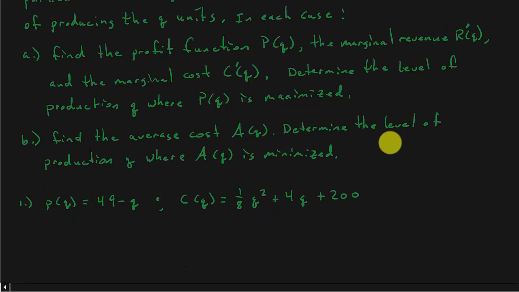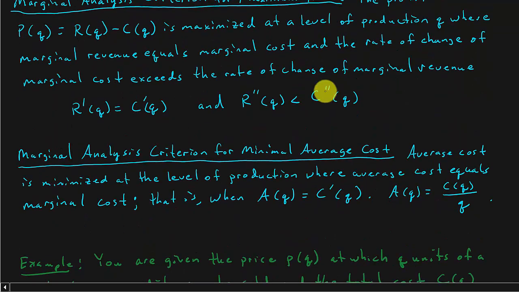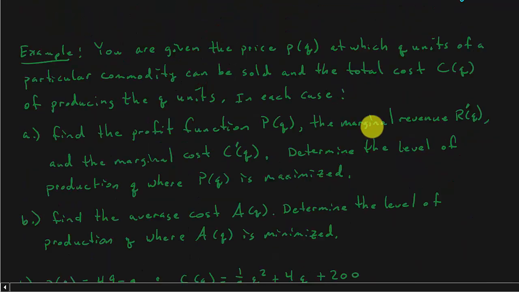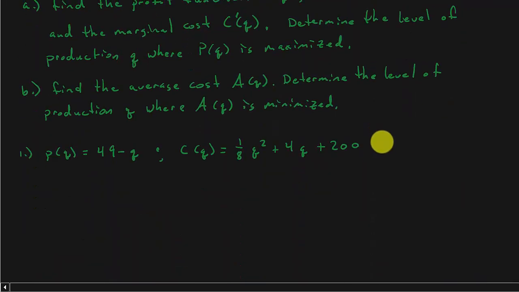So in each case, find the profit function, the marginal revenue, the marginal cost, and determine the level of production Q where P of Q is maximized. And then find the average cost A of Q and determine the level of production Q where A of Q is minimized. So basically we're finding what we just went over here. Some examples here.